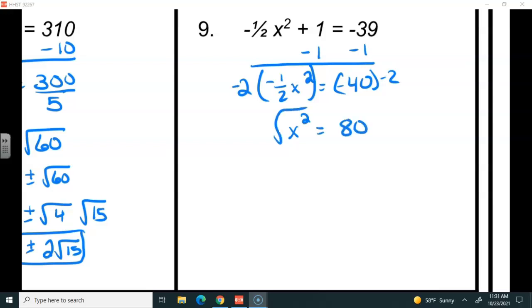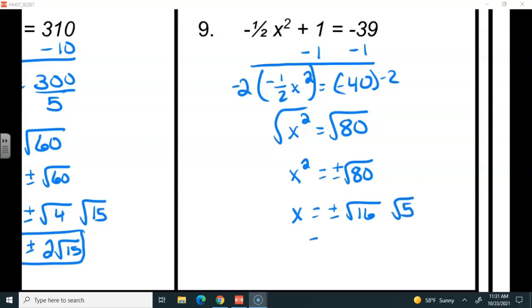And then we're going to square root, x equals plus or minus the square root of 80. And so then you're asking yourself which perfect square will go into 80. And so that's going to be the square root of 16 times 5. So plus or minus 4 square root of 5.